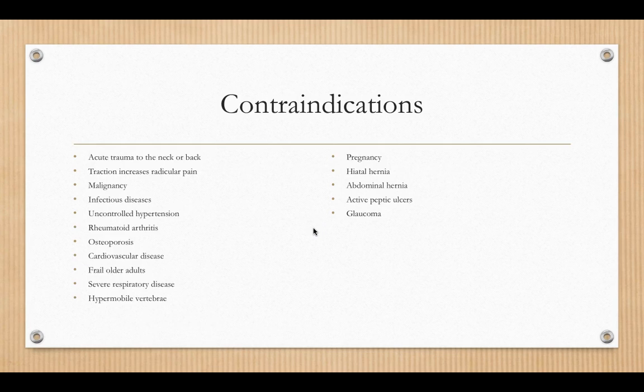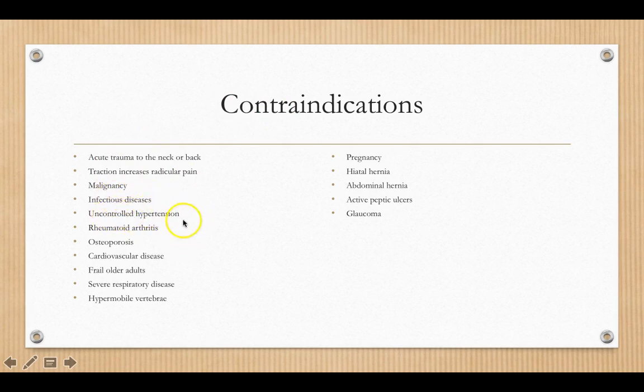Finally, our contraindications. Biggest thing is if we don't have a good diagnosis, we don't want to use traction. So usually we don't use it for acute trauma to the neck or the back. If the traction increases any of the radicular pain, so the symptoms going into the arms or the legs, we don't use traction. If we have cancers or infectious diseases, we don't use traction.